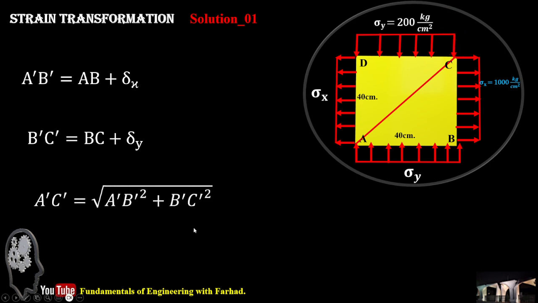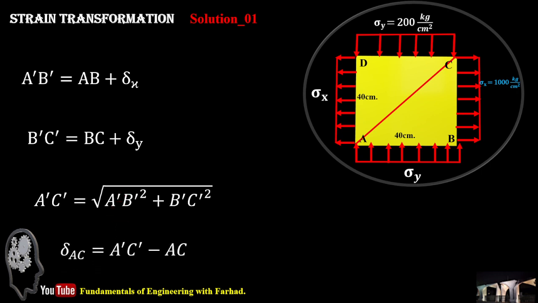The new hypotenuse, A prime C prime, you can also call AC prime, but let's be more accurate and call it A prime C prime. It is the square root of A prime B prime squared plus B prime C prime squared. The reason is that A is not moving, so replacing it with A or A prime, both are correct.